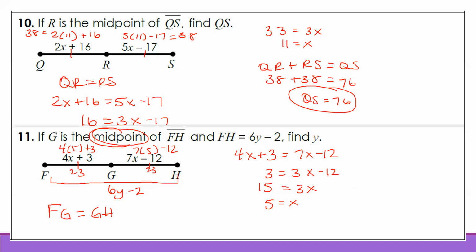We learned segment addition that says that FG plus GH equals FH. So 23 plus 23 equals 6y minus 2. Combine our like terms, add 2 to both sides, divide both sides by 6.